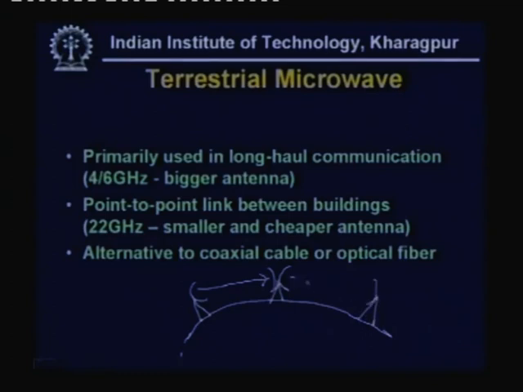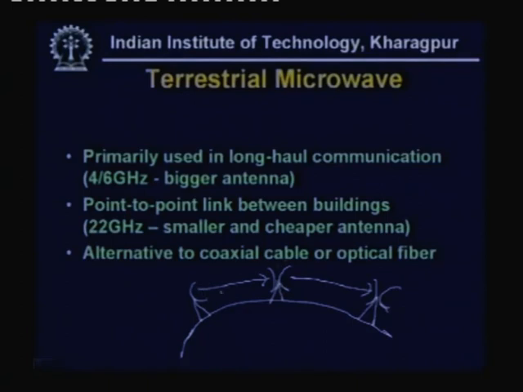In this way a cascade of antennas can be used one after the other to send a signal over a long distance. You can also have point to point links between buildings. In this case you can use a higher frequency so that the antenna size is small; a 20 gigahertz antenna will be smaller in size and cheaper in cost.